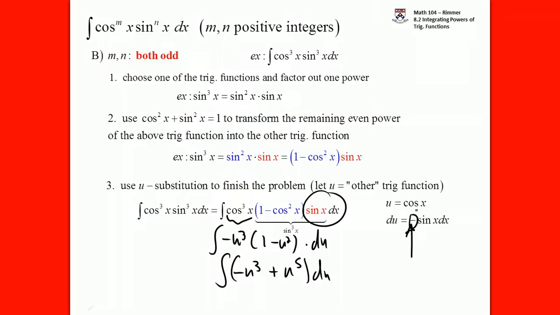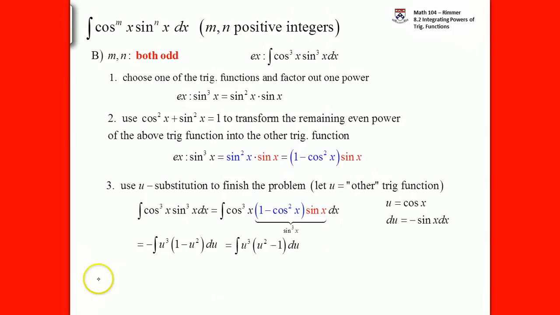Okay. Questions? Here's the thing that I just erased. Multiply it out. I think that's what I had. Is that what I had? Not what I had at all. Let's do it again. u cubed, 1 minus u squared.